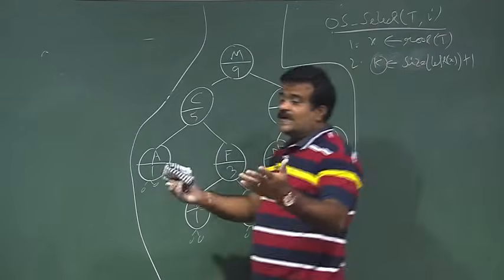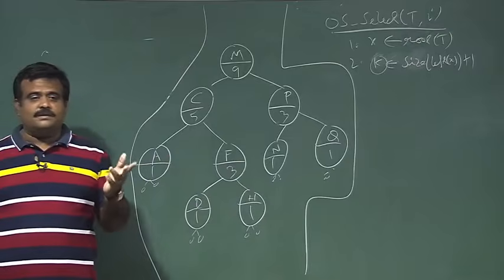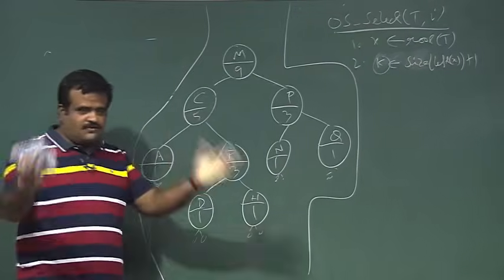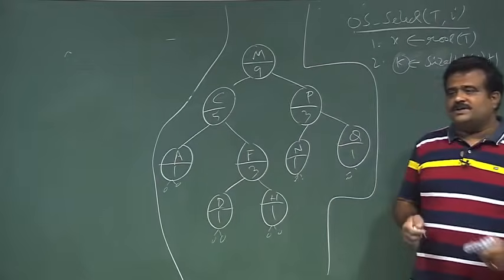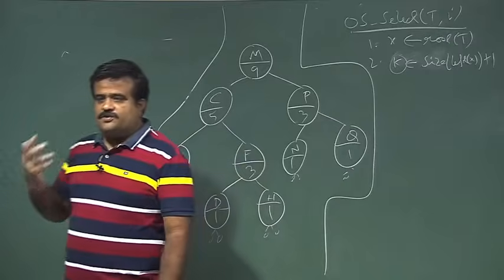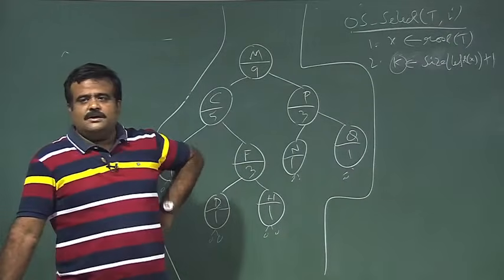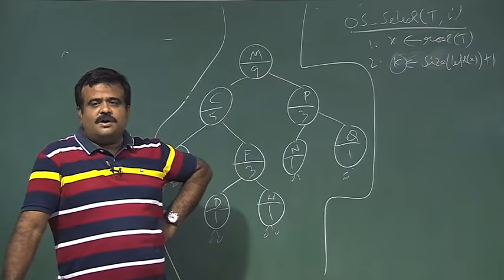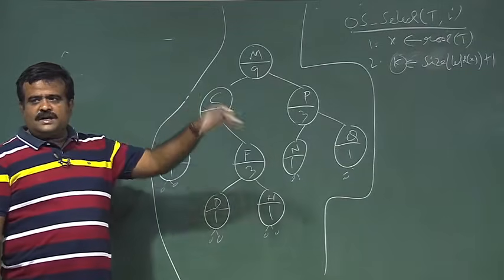That is the BST sort. If you recall the BST sort, what are we doing? We form the tree, and then we perform the in-order tree walk. That gives us a sorted array, and in the in-order tree walk it is the left subtree, then the root, then the right subtree.